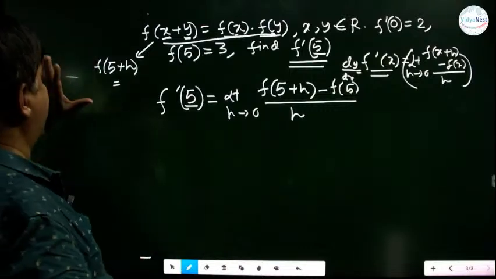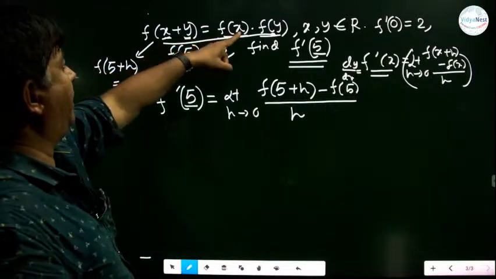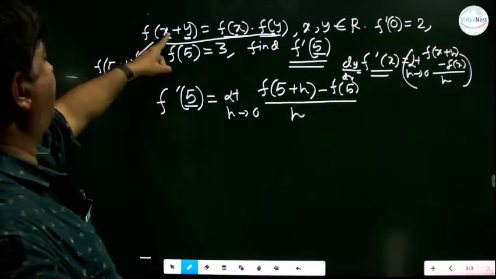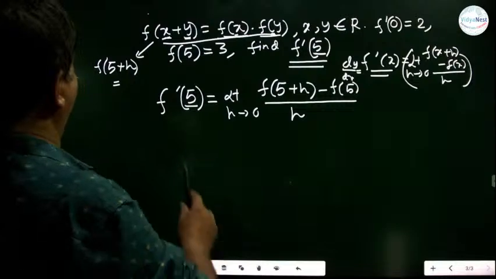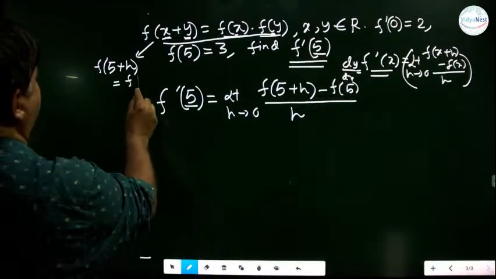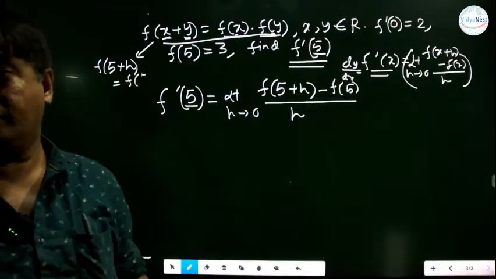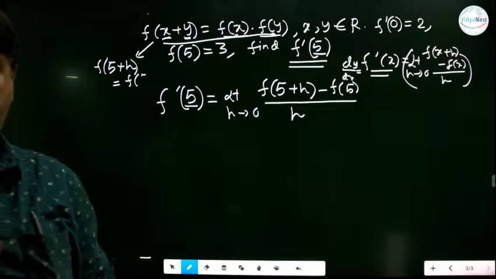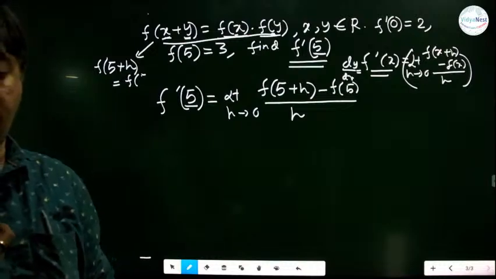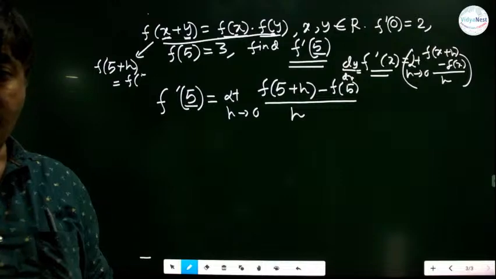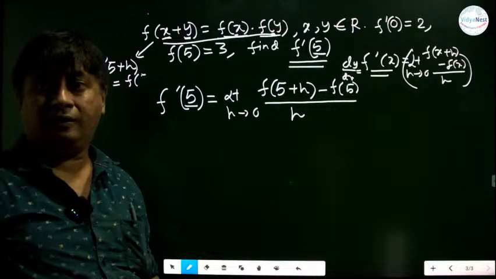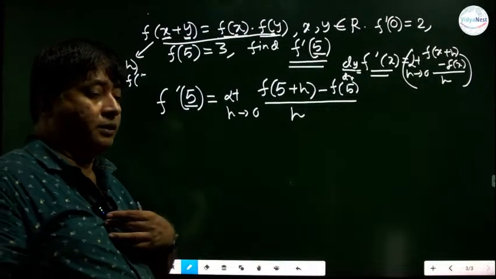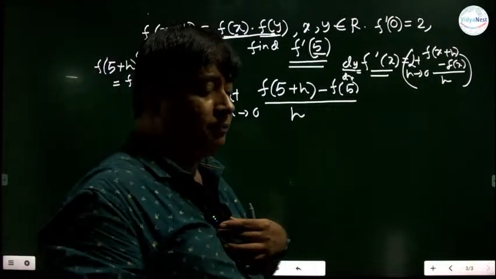See, f(x plus y) equals f(x) into f(y). So 5 plus h, in place of x put 5. Okay. Now it is okay for you, I hope I can reach you.